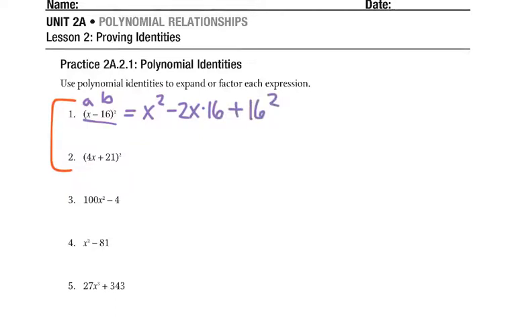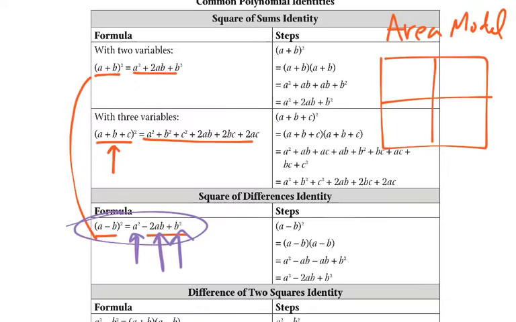Okay, then I could simplify from that. x squared, 2 times negative 16 would be negative 32x, plus 16 squared, I believe, is 256. Hold on, let me grab a calculator. Yep, 256. And that's all we had to do. Okay, that's using that pattern.